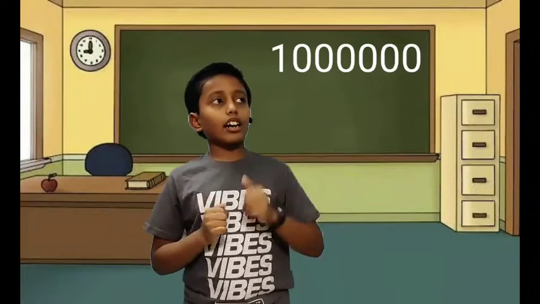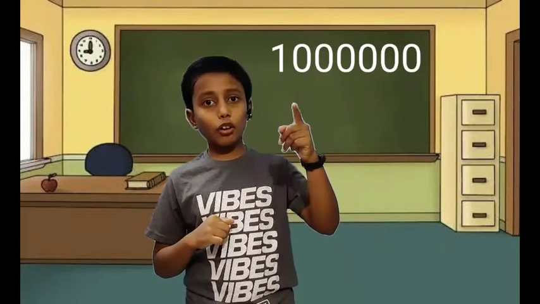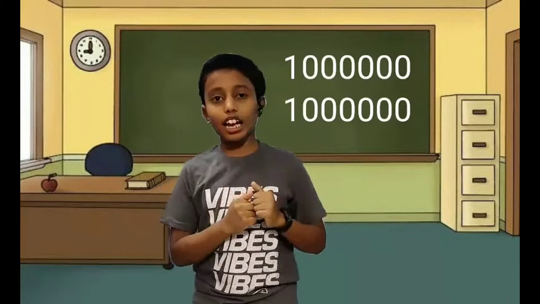Coming to the problem, Ben has 10 lakh subscribers and Tom has 1 million subscribers. Now we should take 10 lakh over here. It is a 1 followed by 6 zeros. Next, we will take a million and put it under the 10 lakh.